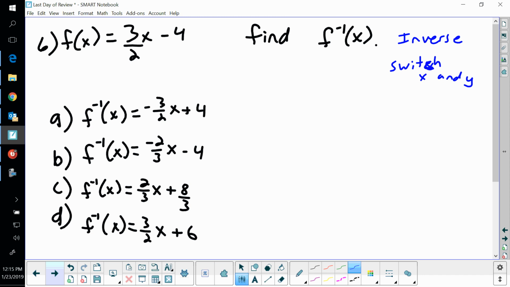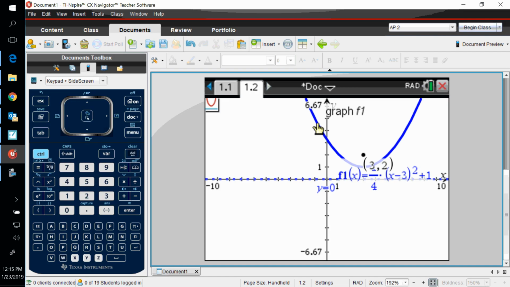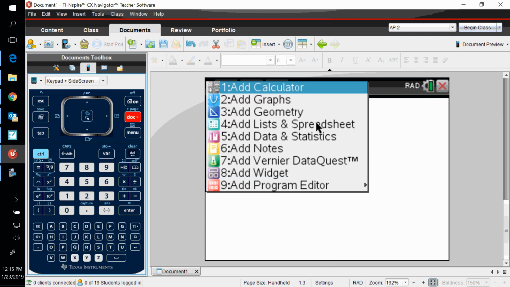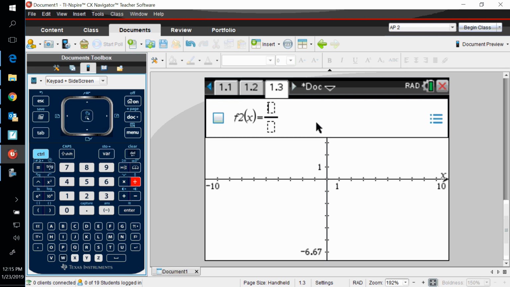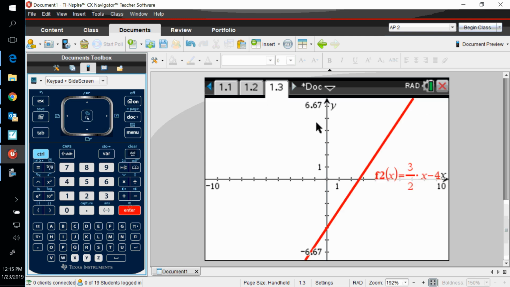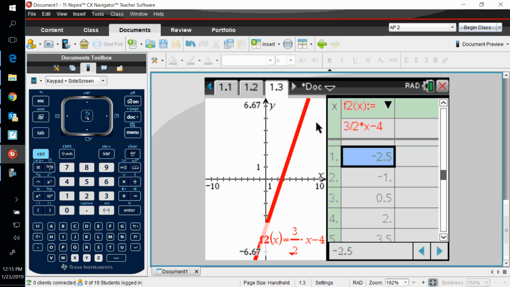So if we go to our graphs page, we can graph 3/2 x minus 4. We'll add a new graph. Okay, we'll go to our table with a control T, and we'll just pick out 2 nice points.